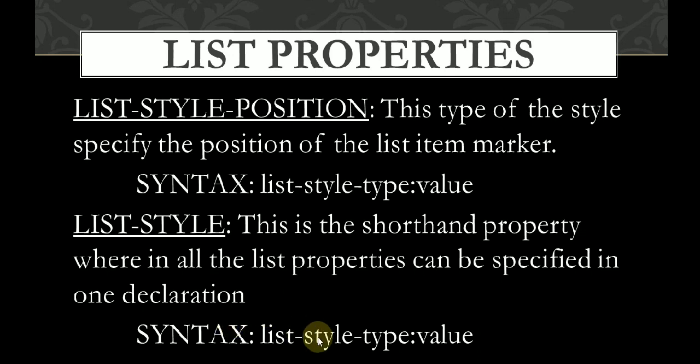You write list style, then the value of the list style type, then the value of the list style position, then the value of the list style image. Okay, so we can set this as the master property of HTML lists.